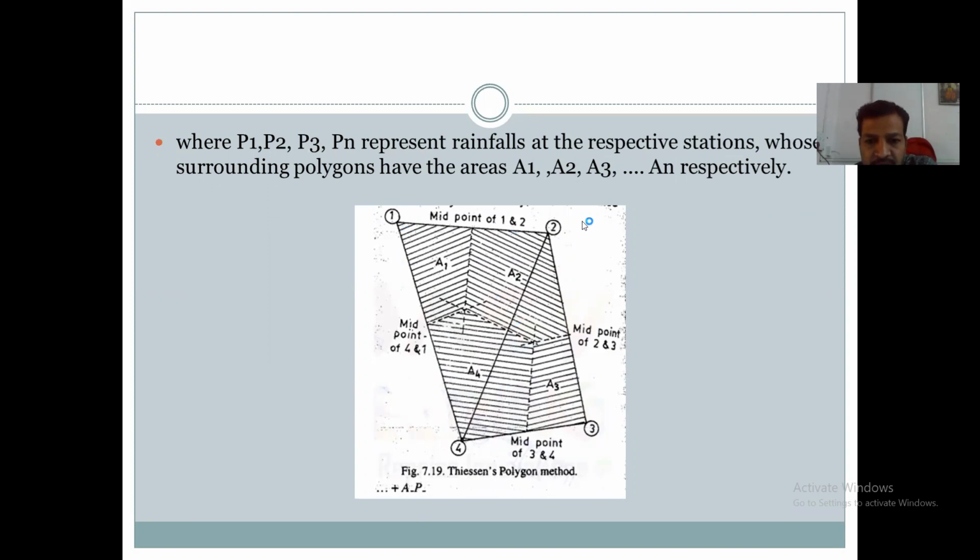The labeling is done 1, 2, 3, 4, divided into a number of triangles and sides of triangles. From the sides of the triangle, the perpendicular bisectors are taken. The bisector घेतल्यानंतर जे area form झाले आतमध्ये, that is A1. See this, हा portion.